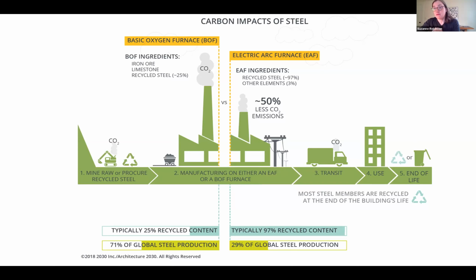So the more we can use recycled steel, the better. We do need the basic oxygen furnace because taking the iron ore, the raw materials, to turn it into steel in the first place, you need those high temperatures. And until we kind of plateau in our steel demands, we're always going to need to be bringing more steel into the marketplace. So the more we can reduce the demand for steel, the better, because then the more we can be using the EAF based steel.